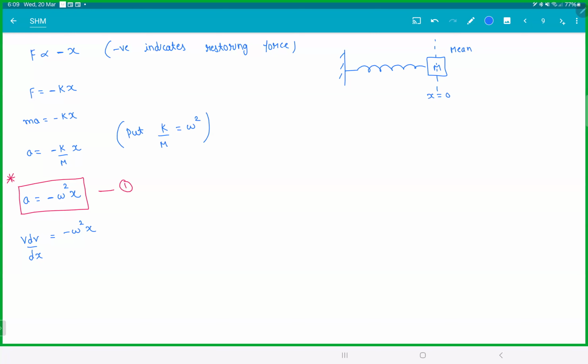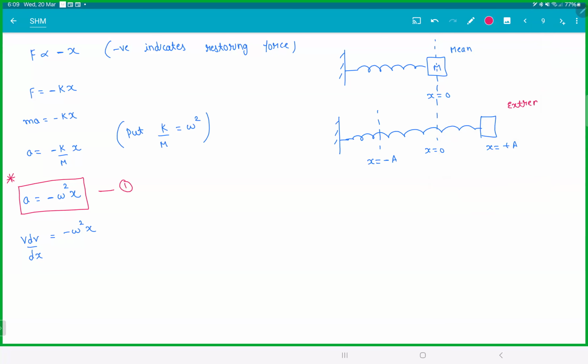Let's call this thing x is equal to 0. So if you displace this block and let it oscillate, x is equal to 0 is the mean, the block can go to plus a and the block can go to minus a. So this block is oscillating between plus a and minus a. So these are extreme positions.